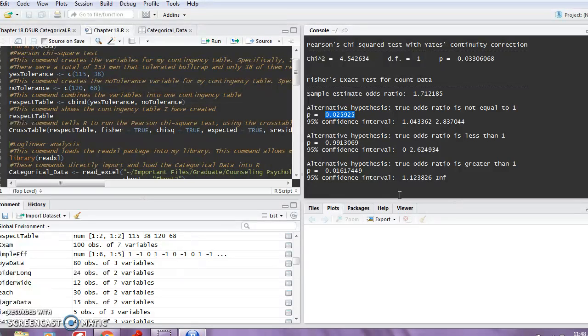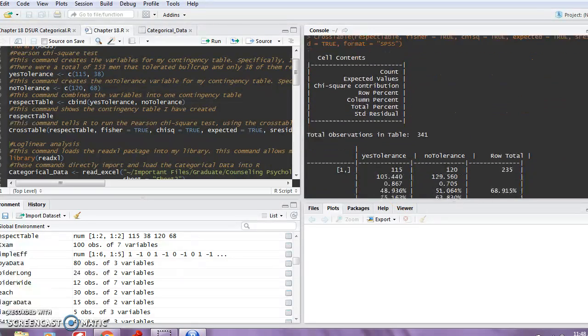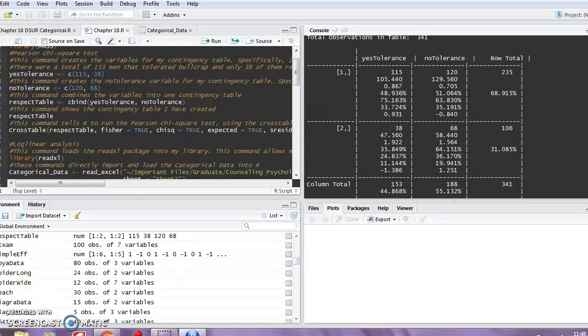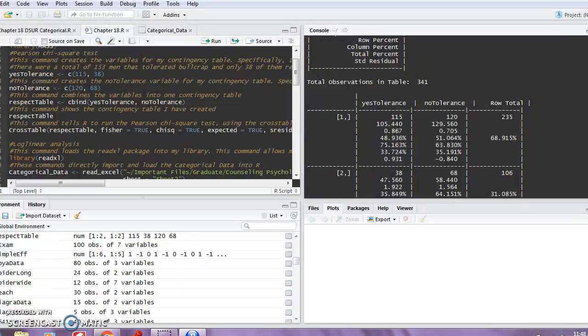Now, I do kind of want to take some time to look at, where am I going with this? Right, okay. So I kind of want to break them down a little bit further by looking at the standardized residuals.